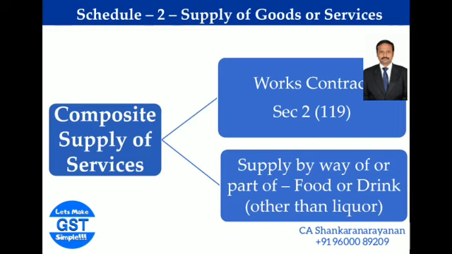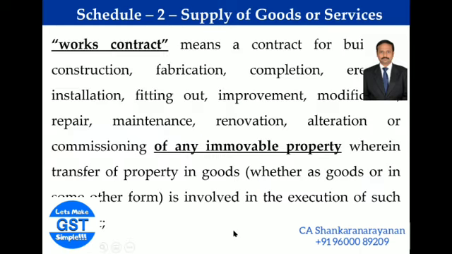So two transactions are very well known and were litigated in the past. The department has put an end to any doubt in GST. Both are considered to be supply of service. And this works contract, I want all those people who had seen the works contract definition in the earlier law to pay close attention, because in GST there is a tectonic shift.